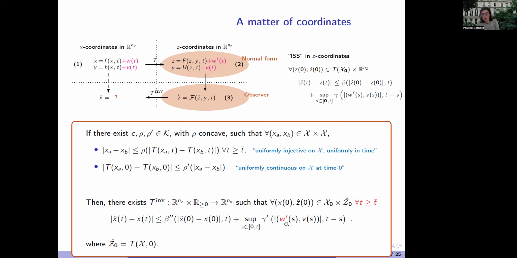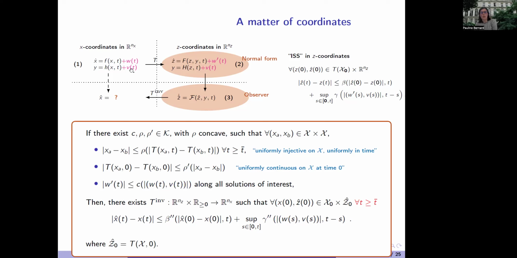And then the last issue was w prime, so you have to have something that tells you that you can upper bound this disturbance here by something that depends on w and v. And this is generally the case, in particular when the solutions you're looking at are bounded, because this w prime is typically something that depends on x and v. So as long as x is bounded, you can upper bound it like this.